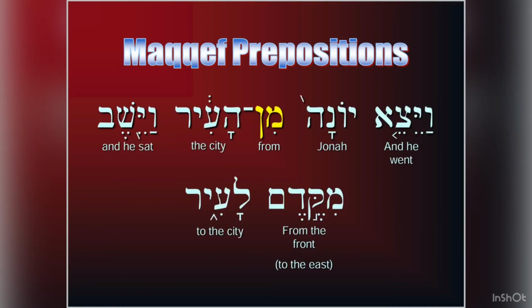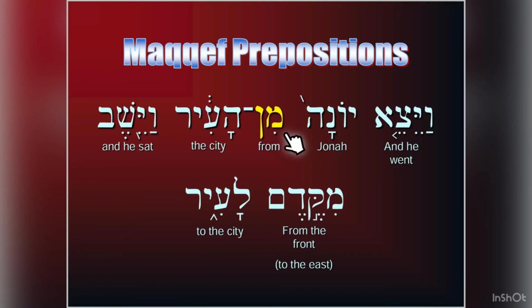Now let us look at an example of a makif preposition in a sentence or in a verse. Let's read this one. Vayetze Yona min ha'ir. The one in yellow is the makif preposition. You have a makif, and before that you have monosyllabic words.